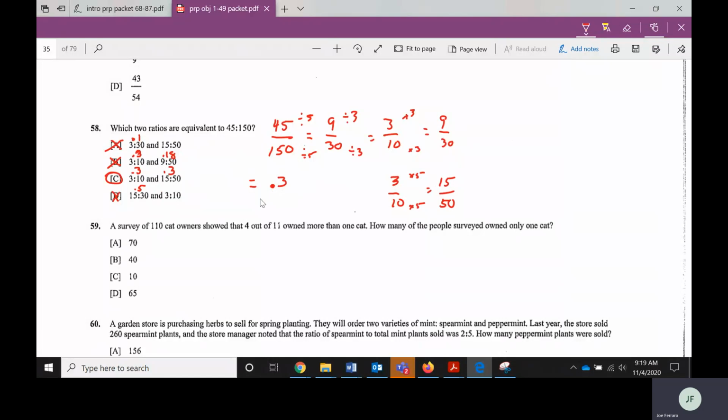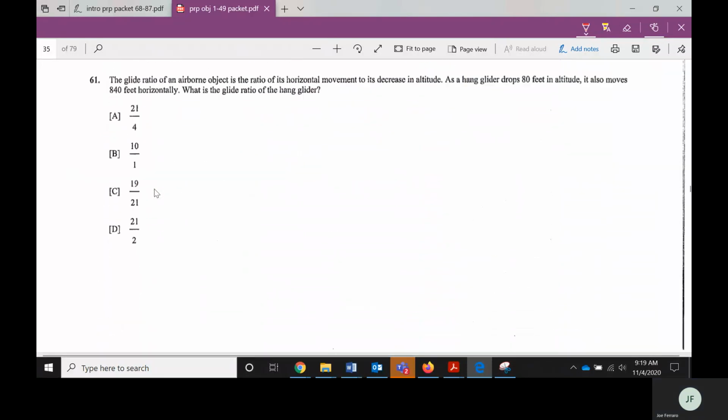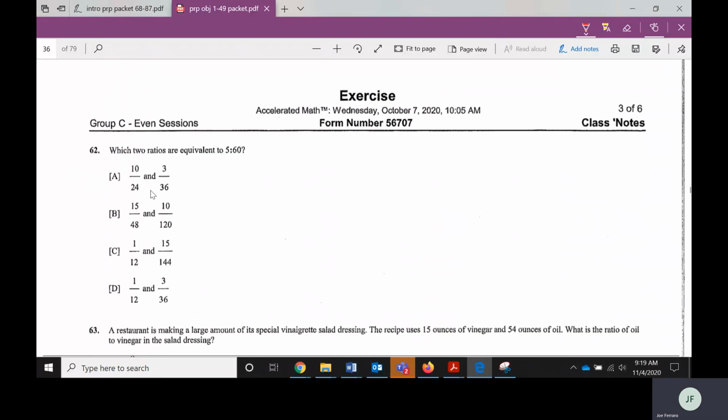Okay, let's maybe do one more of that type. The next type like that is on the next page, 62. So I'll probably just do this the decimal way because I think most of you will do it that way. If you want help with this, doing it the fraction way, just let me know. I can do a separate video or just help you one-on-one.